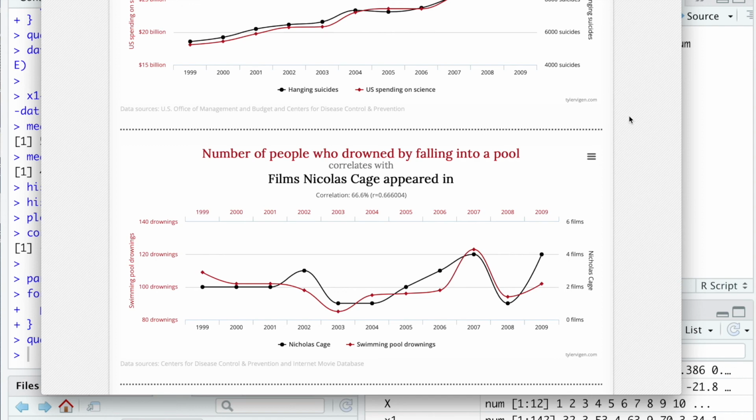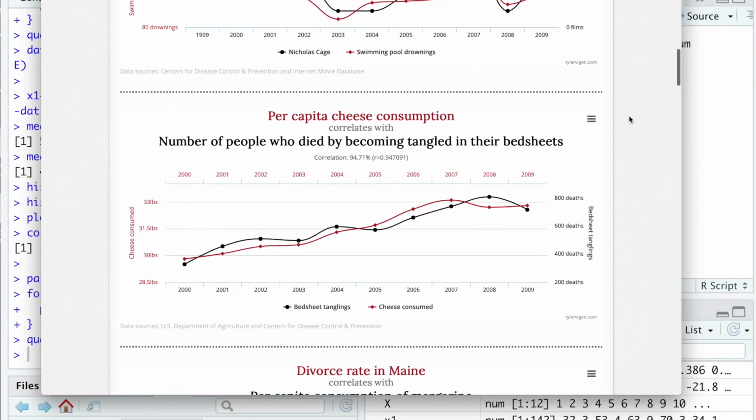That is still a pretty darn good correlation. Again, probably not a lot of cause and effect going on there, but still a high correlation. Per capita cheese consumption correlating with the number of people who died by becoming tangled in their bed sheets. That correlation is 0.947. That is a really super high correlation, and I think that it would be difficult to make any kind of causative argument about that.